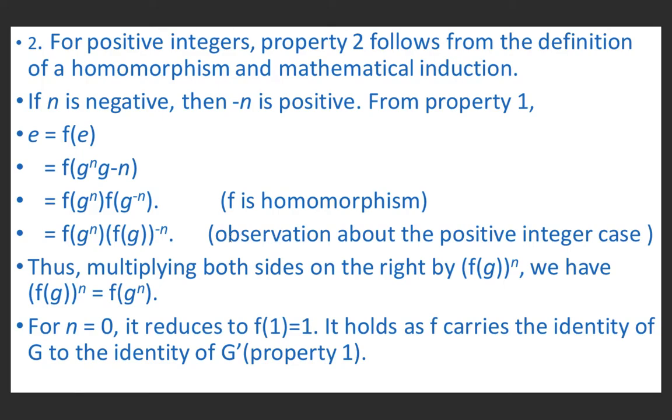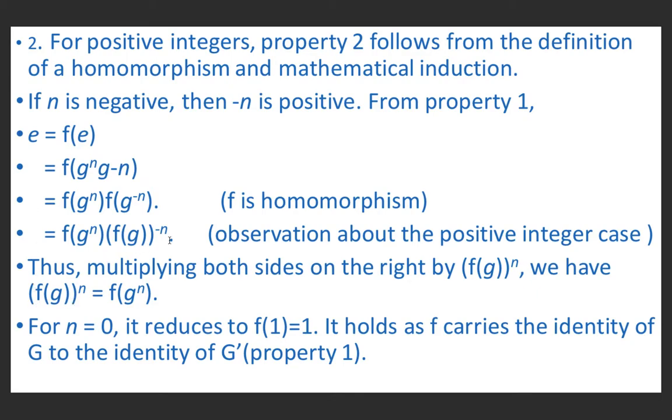So because it is true for the positive integer and minus n is a positive integer, we can write it as f(g^(-n)). If we multiply both sides by f(g^n), on the left side we have e times f(g^n), which is equal to f(g^n).